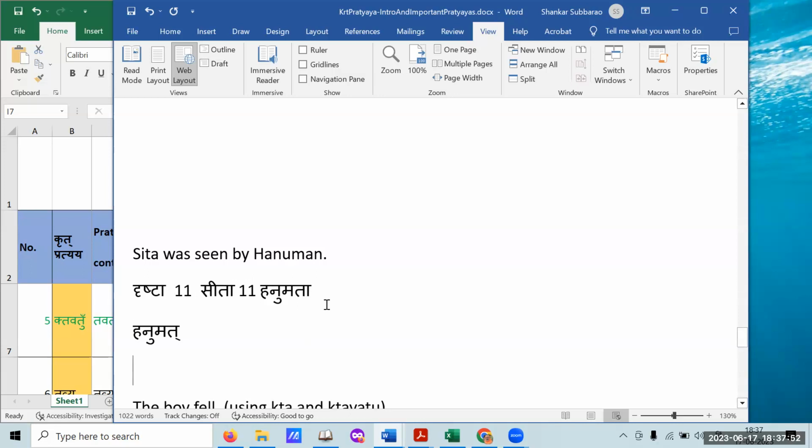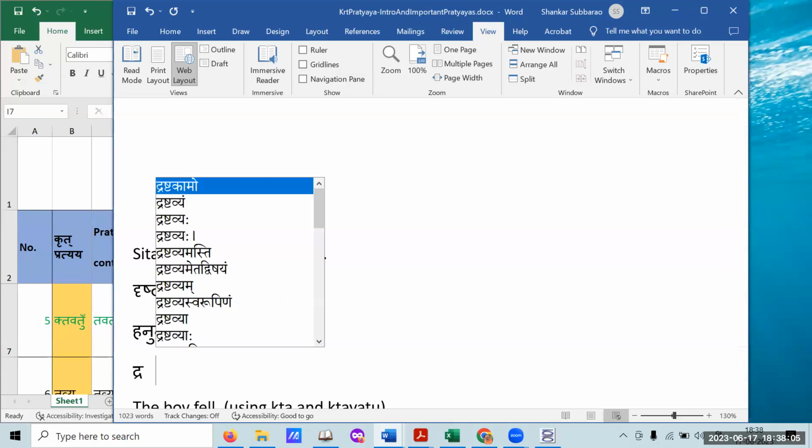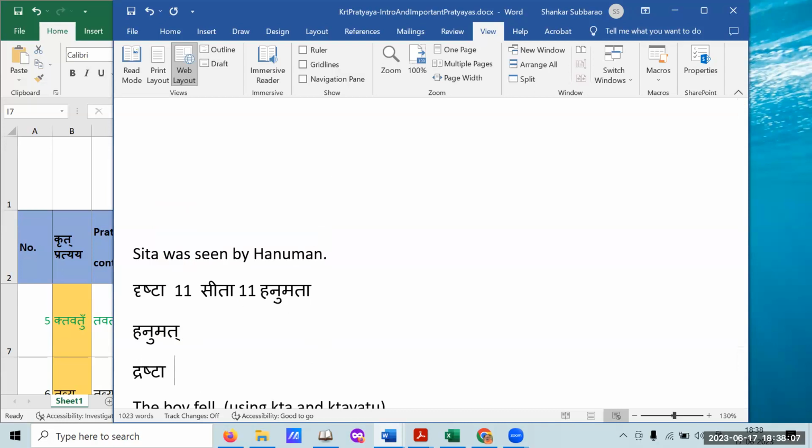Hanumata, Sita, Drishta. And you should be watchful here. In the exercise I gave you, I had made a mistake. I, by mistake, put a word as Drashta. You remember that? In your exercise, there was a word which said Drashta. This is Drashta, not Drishta.